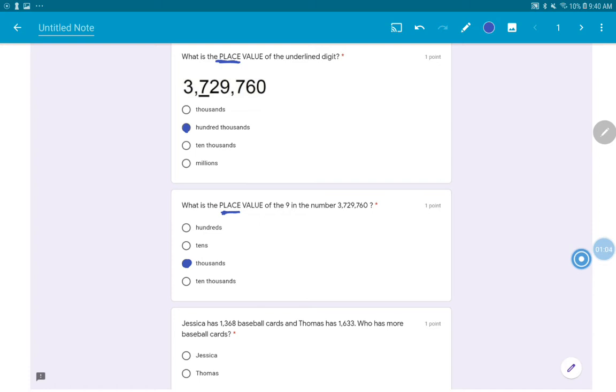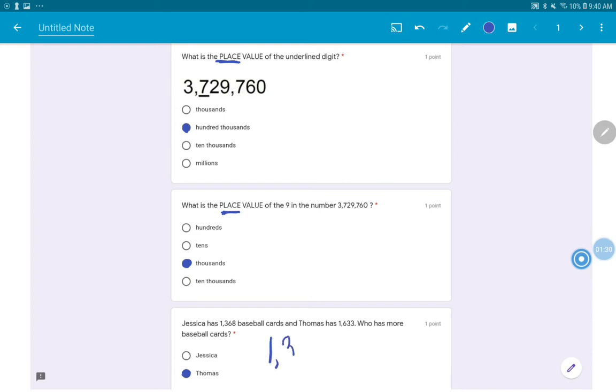Jessica has 1,368 baseball cards, and Thomas has 1,633. Who has more baseball cards? Who has more, Owen? Thomas. How do you know Thomas has more? Because it says that he has 1,633 and that Jessica has 1,368.